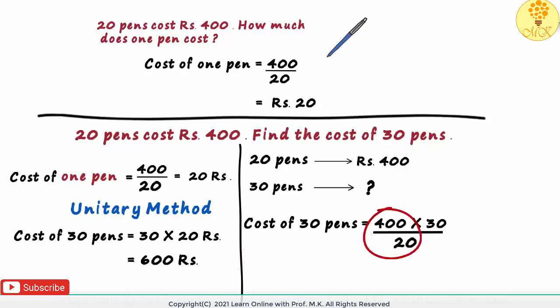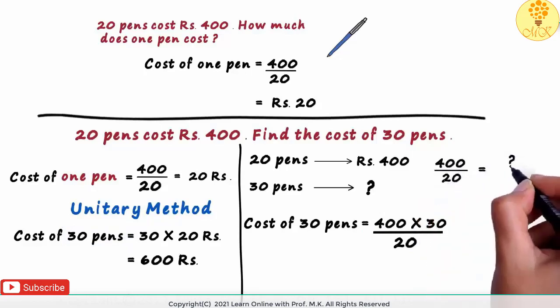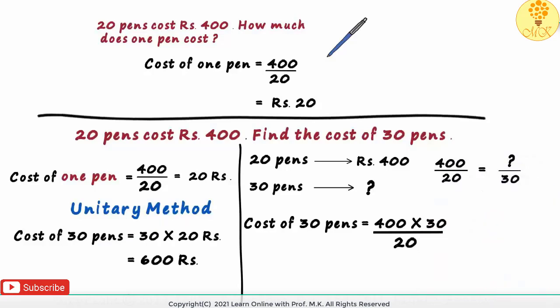This gives us the cost of one unit, and its product with 30 gives us the total cost of 30 units. Second, 400 by 20 will always equal total cost of 30 pens by 30. This is obvious since each ratio is equal to the cost of one pen. As this is proportion, product of extremes should equal the product of means.